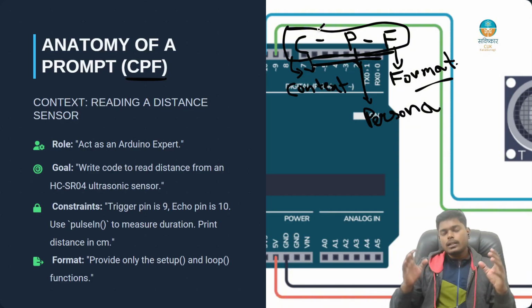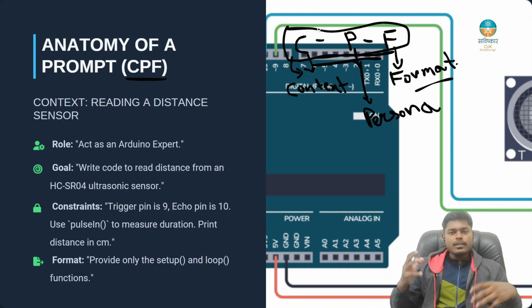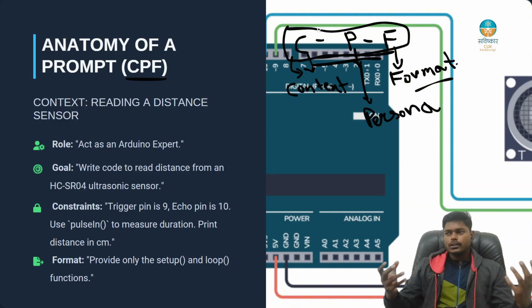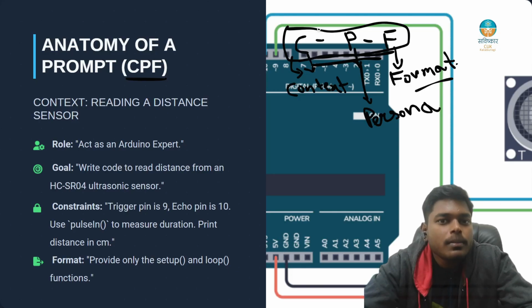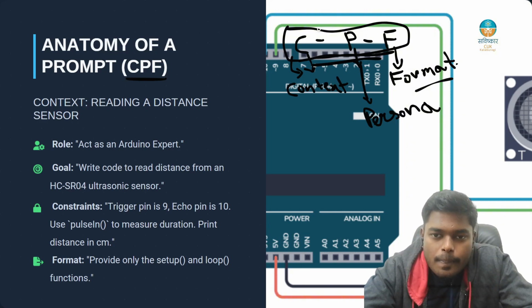Now, what does it mean? It basically means that whenever you give an instruction, you should explain the scenario, what you want. The AI is not an emotional being. It can't read your emotions just like a human.